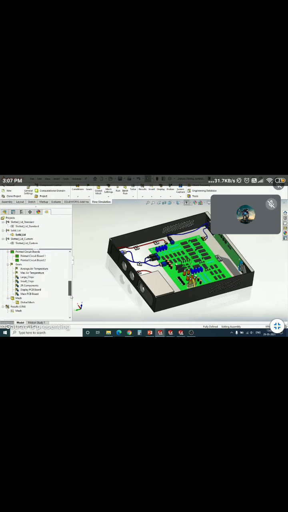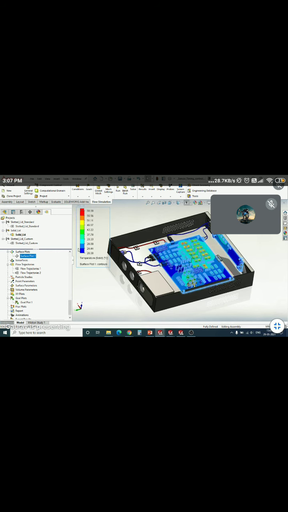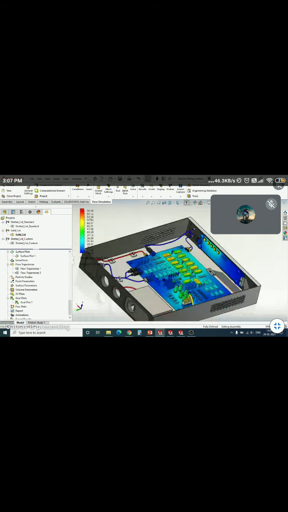And finally, let me just show you the results once you have run it. Yes. So it will help you to check which regions are generating how much temperature, correct?